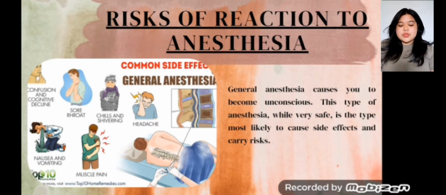This type of anesthesia, while very safe, is the type most likely to cause side effects that carry risk. Most side effects that the person could feel are minor and temporary, such as nausea, vomiting, chills, confusion for days, and a sore throat caused by the breathing tube. So that is all for the complications that might occur.